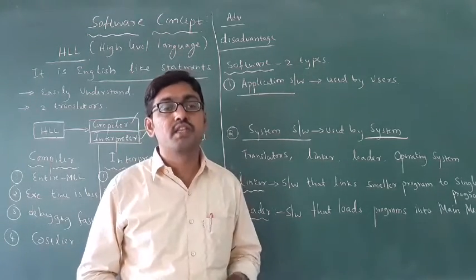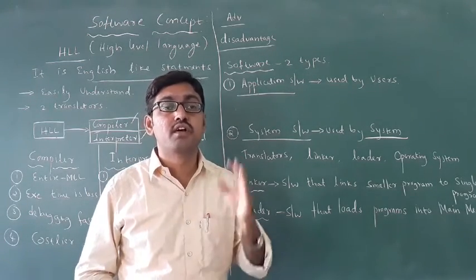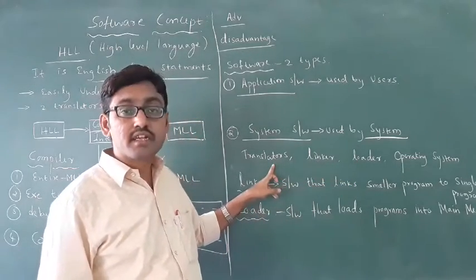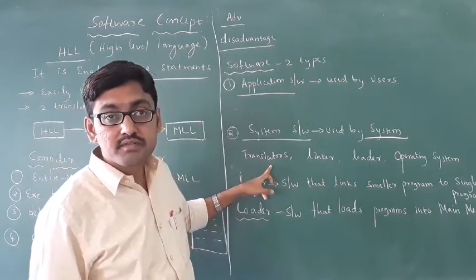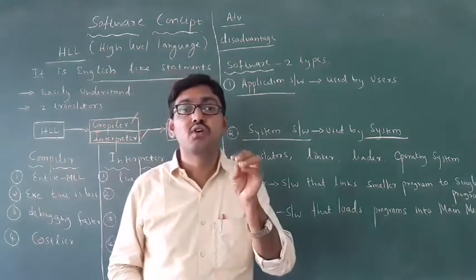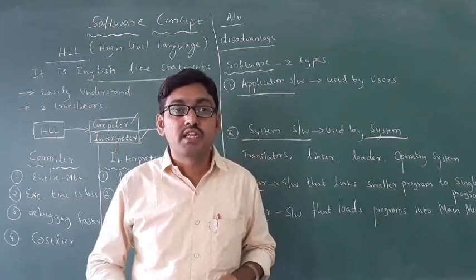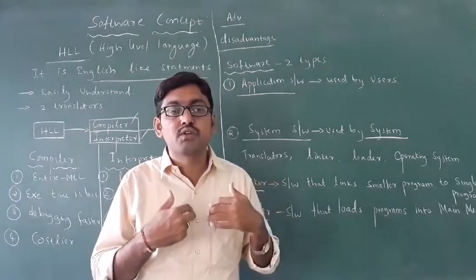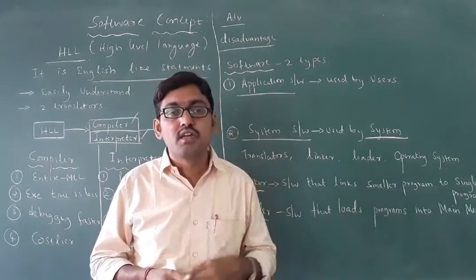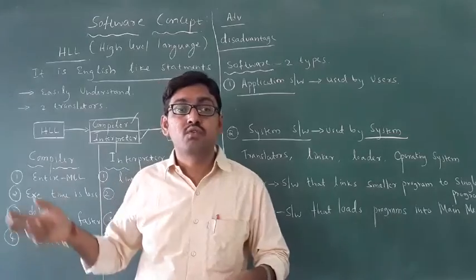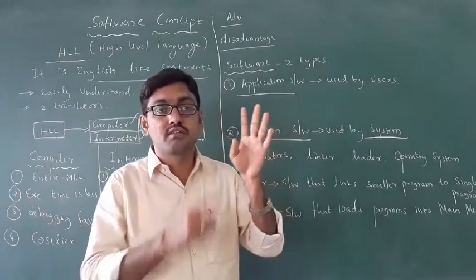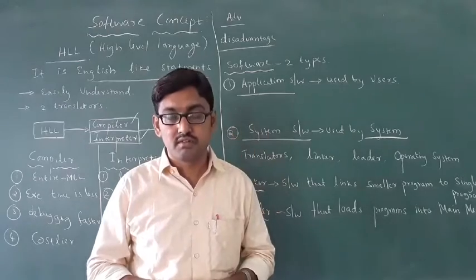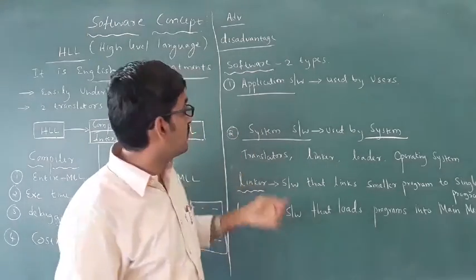Examples of system software are the operating system, loader, linker, and translators. Translators are also system software, used by the system to convert our high level language to machine level. Already you know the translators you have studied: assembler, compiler, interpreter. These are also system softwares. Got it?